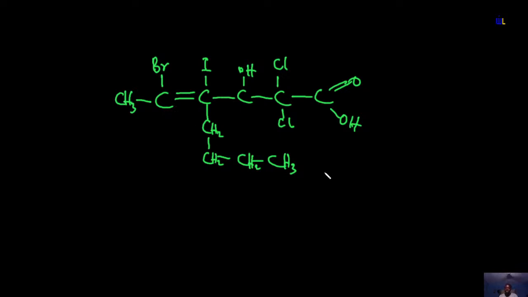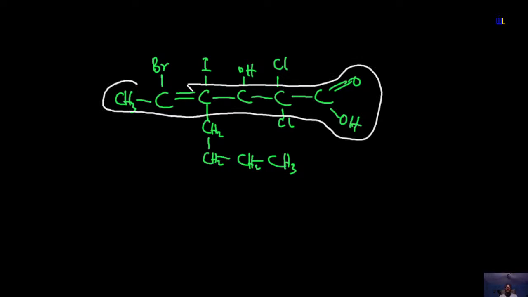If I count like this, it doesn't make sense. So I have to count straight up. So with that said, circling my parent chain, remember, it must contain the functional group of highest priority and as many other functional groups as possible. So with that said, if we are going to name this thing, allocating locants has to start from here. 1, 2, 3, 4, 5.